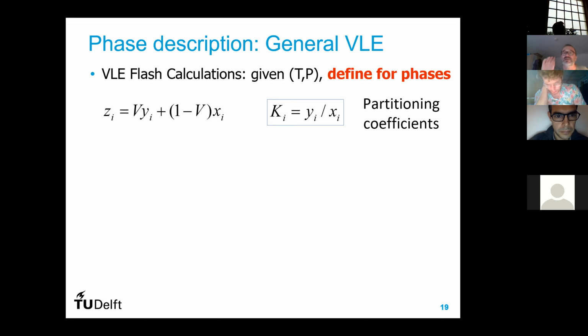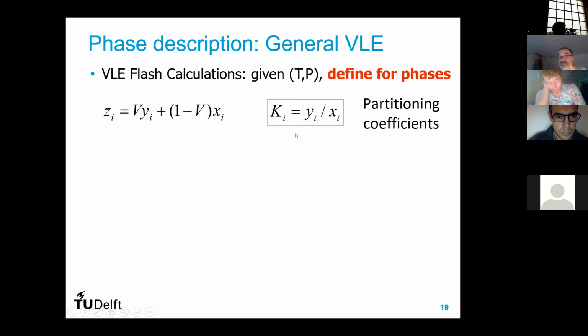Anyway, for a given component you can obtain this K that represents the ratio between the vapor and liquid concentration of the component.